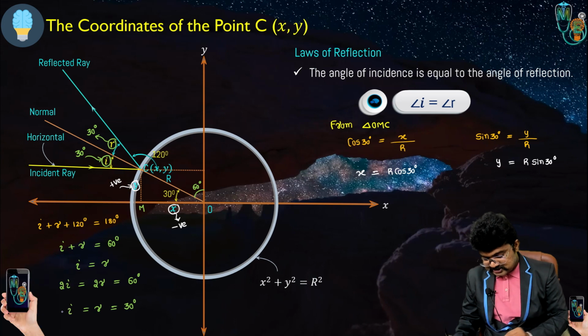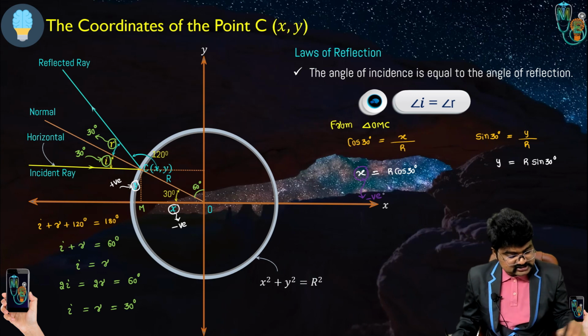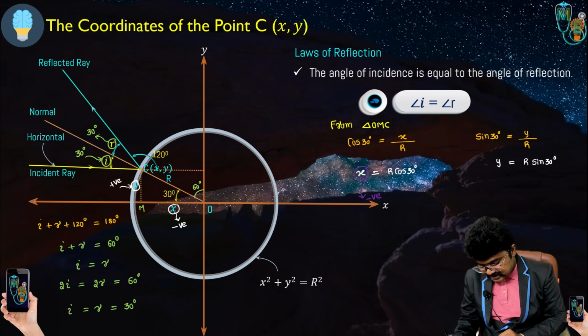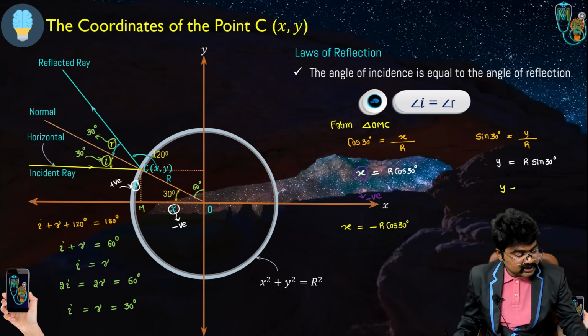Here X is what? Of course, negative. X is negative. So finally, what is X? Here X equals to minus R cos 30. Y equal to R sin 30.